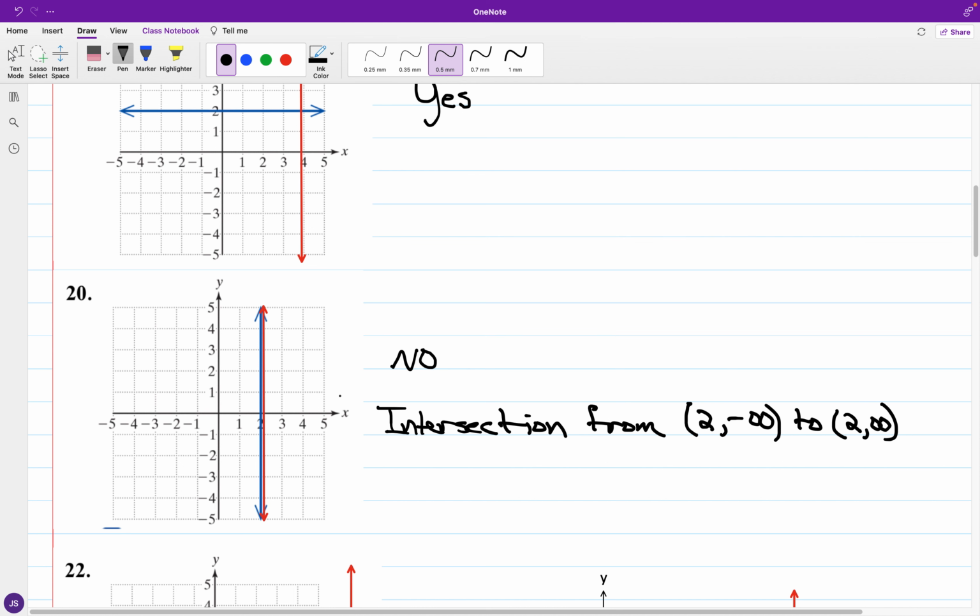So you have not just more than 1 point, but intersection at an infinite number of points. So a vertical line cannot be a function.